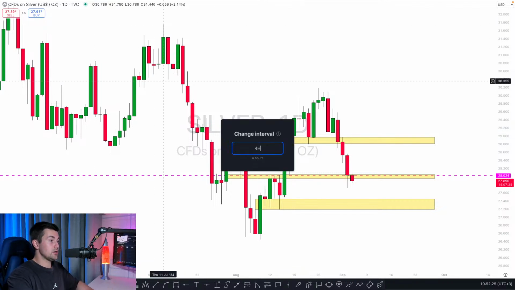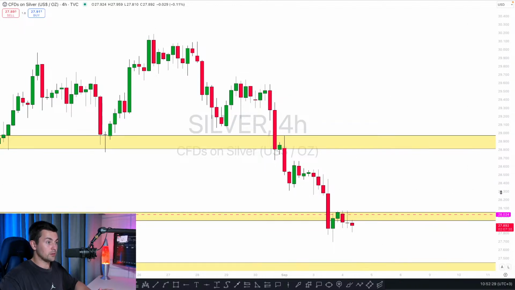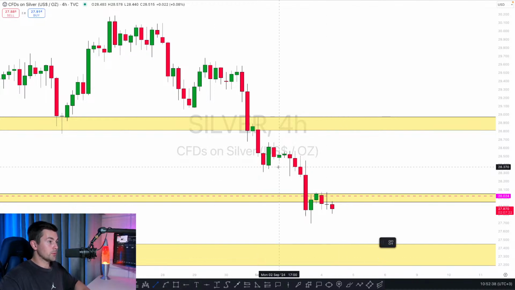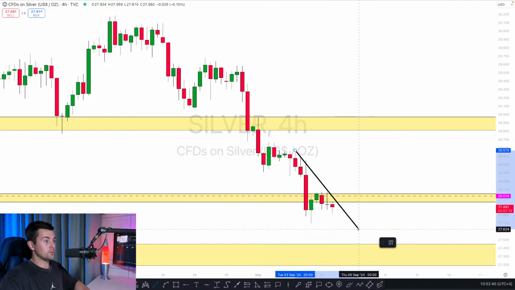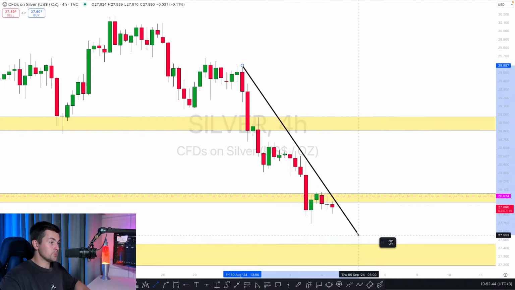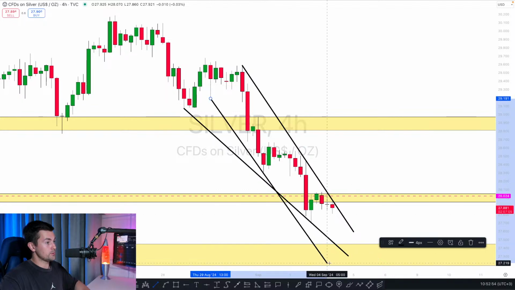So let's check the intraday price action and see if there's something special on the 4-hour time frame. On the 4-hour time frame, we can spot multiple clues here. First thing to note, I remember I saw some channel. Yes, look, we have the wedge. I would even say that we have the wedge pattern here where the price is stuck.